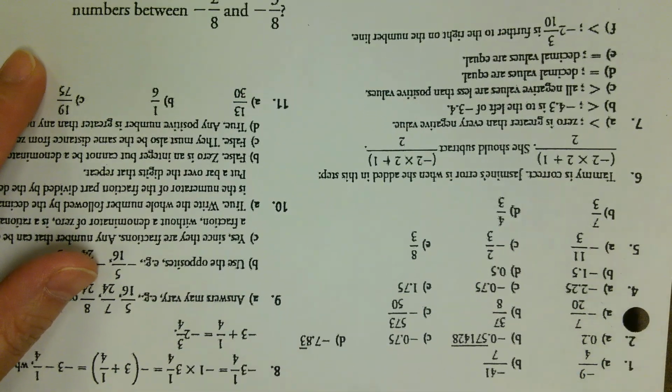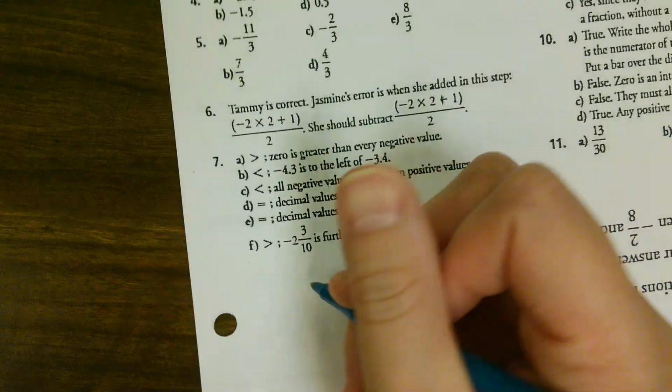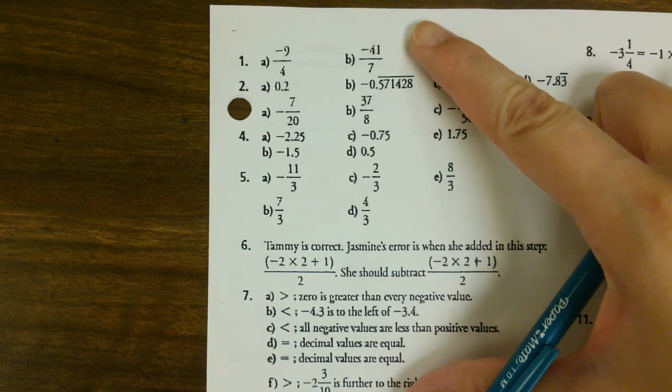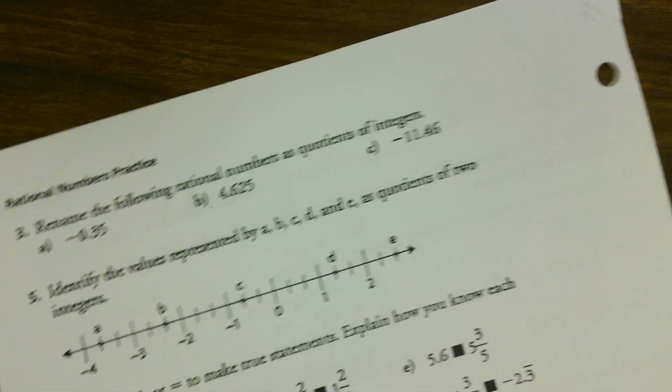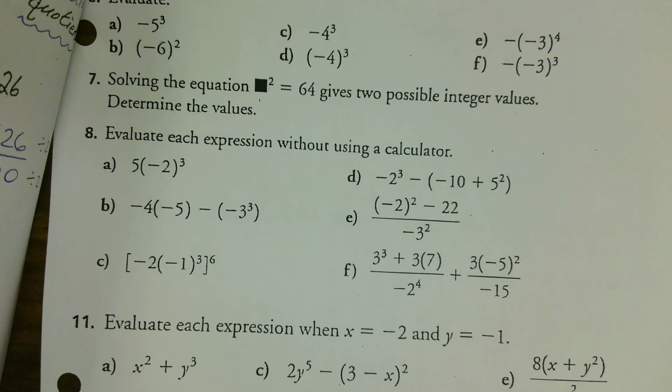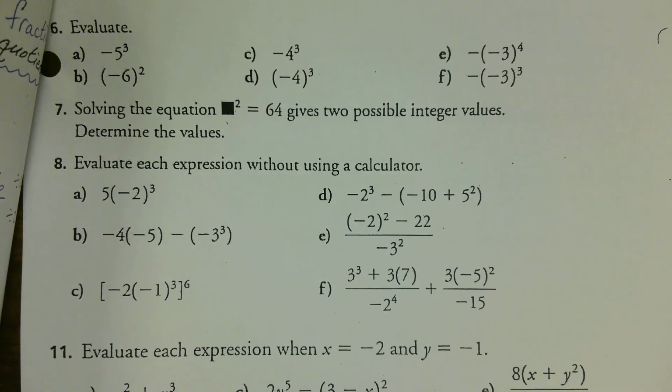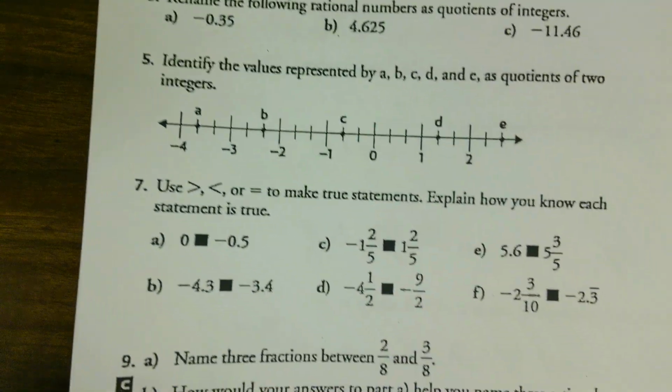Right here, like this part, are the answers. Okay, so make sure you do your homework, try the homework questions. It's very similar to the ones that we did as examples just now. So make sure you complete these and check your answers.